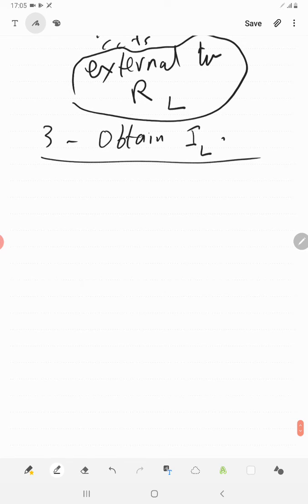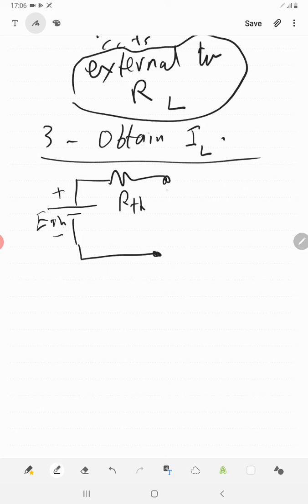When we obtain, for example, E Thevenin and R Thevenin, A and B, okay? And what we have here is R load we removed before.